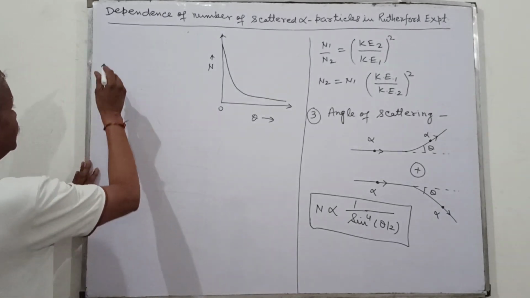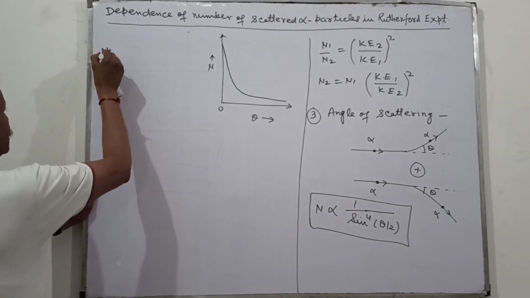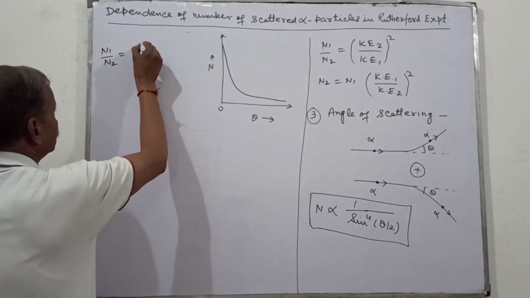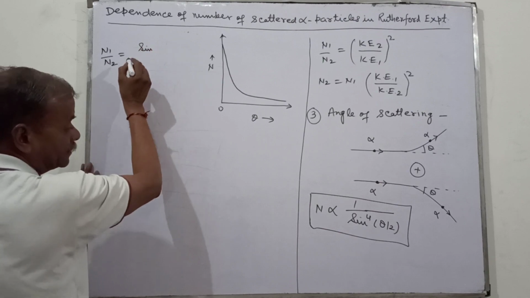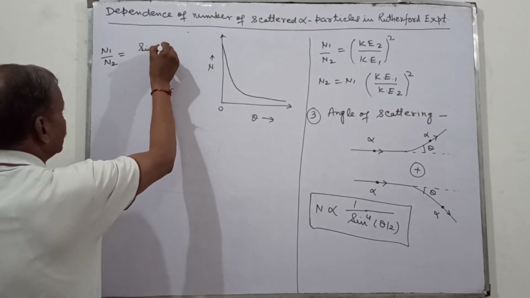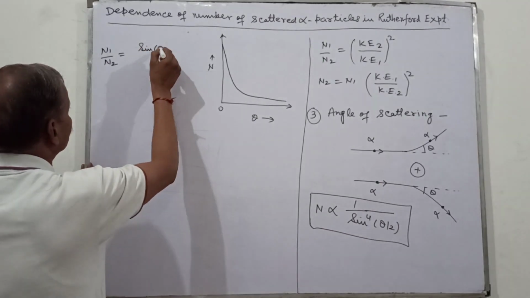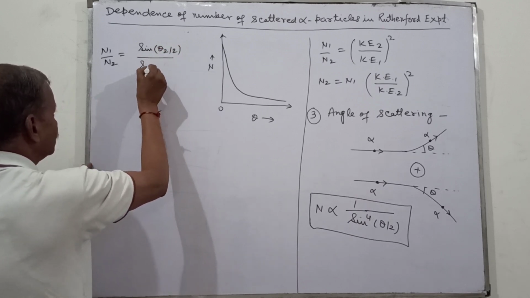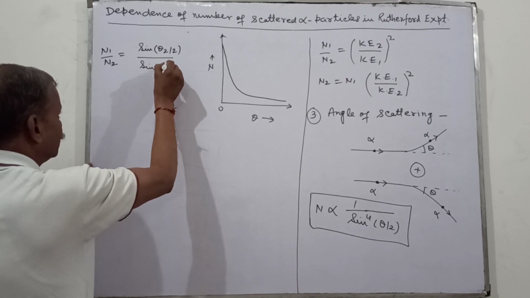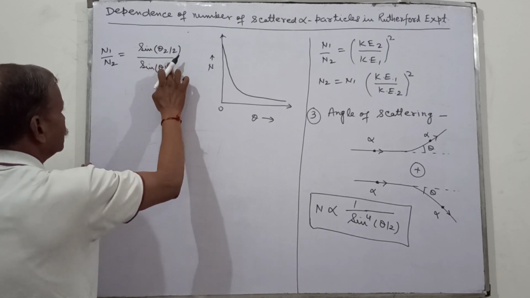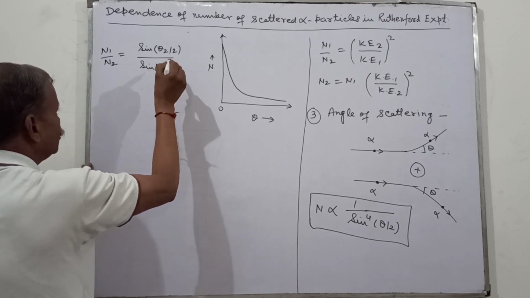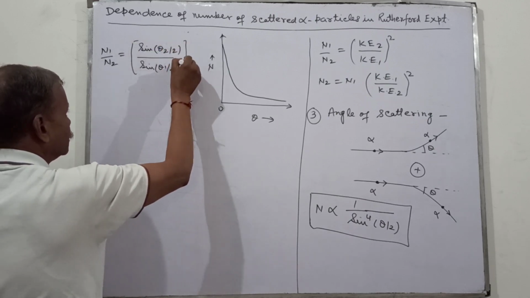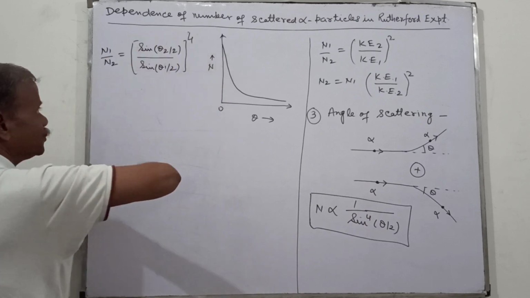So we can have n1 upon n2 equal to (sine theta 2 upon 2 upon sine theta 1 upon 2) raised to power 4.